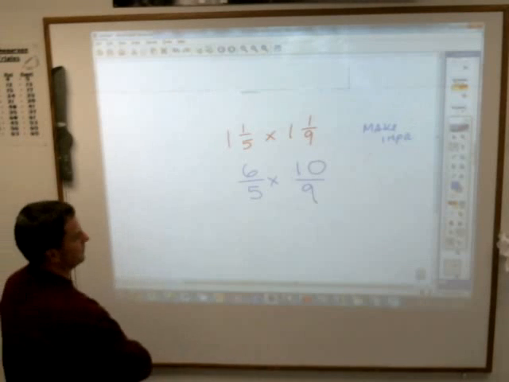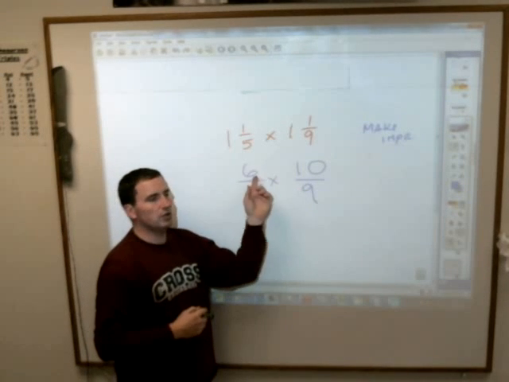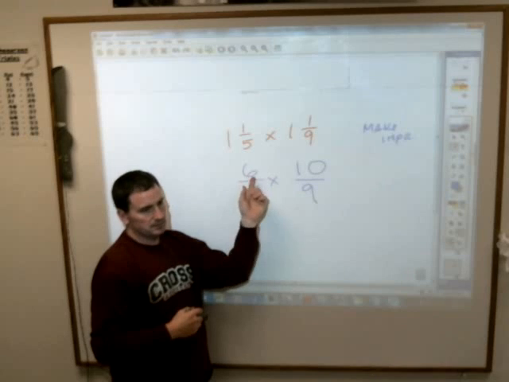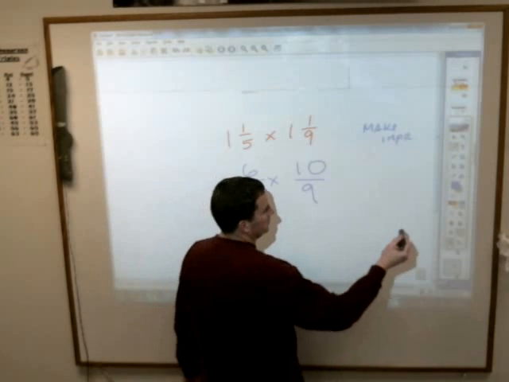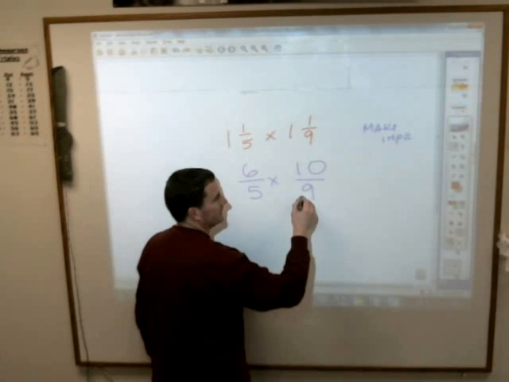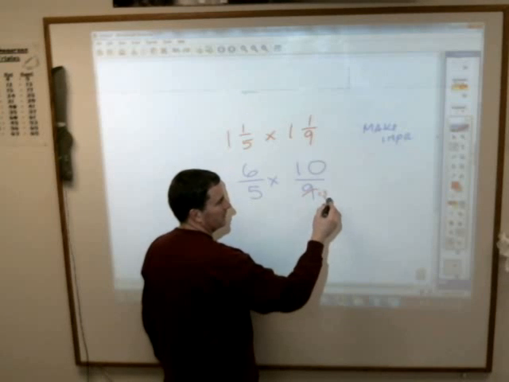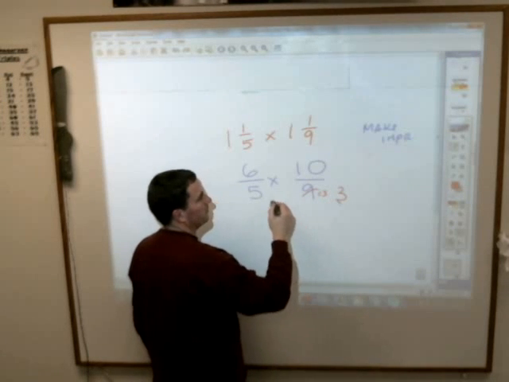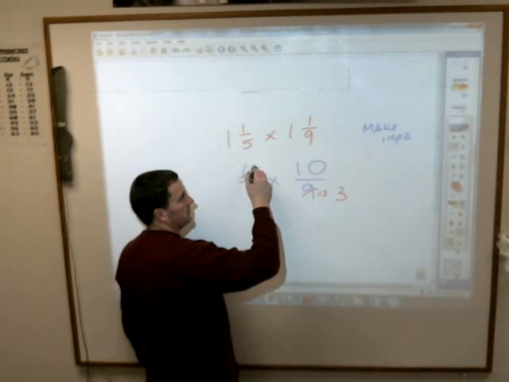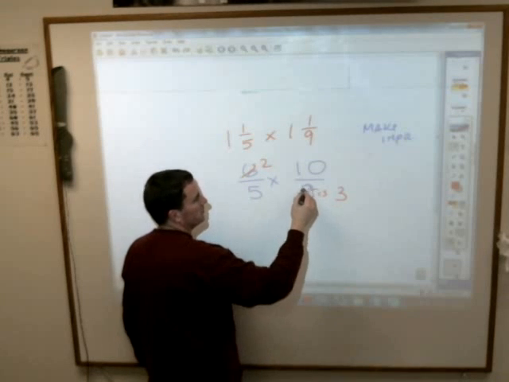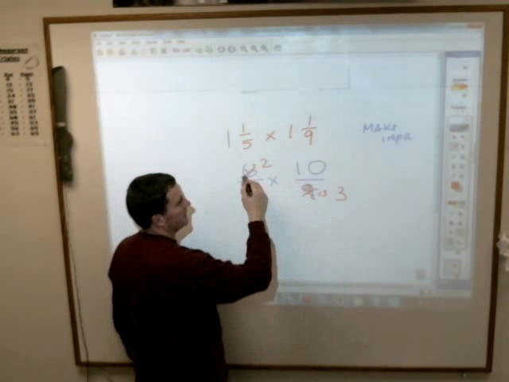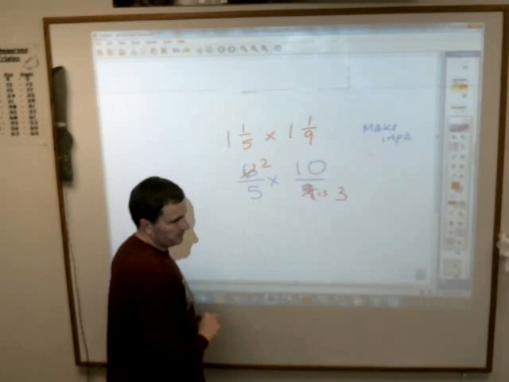What common factors? For example, what number will go into 6 and 9? Holly? 3. So you do that. You just say to yourself, okay, if I divide 9 by 3, and you don't have to write this down, but I will for now, I get 3. If I divide 6 by 3, I get 2. So these two cross off, and instead of having a 6 and a 9, now you have a 2 and a 3.